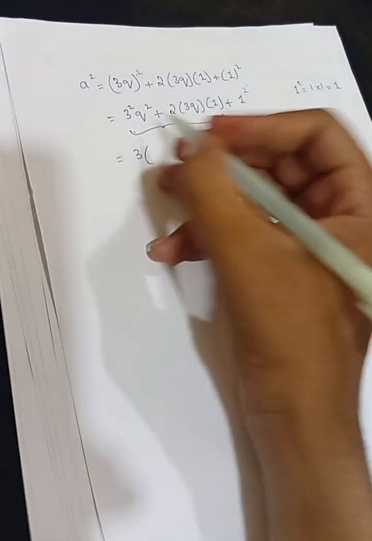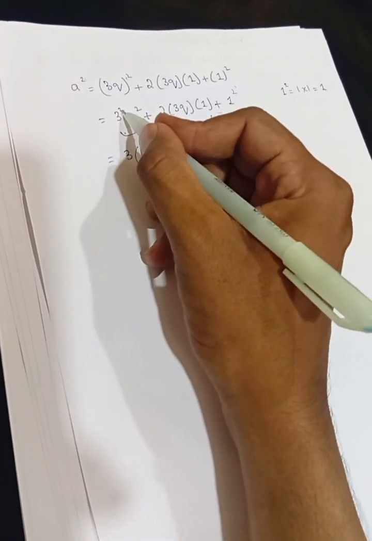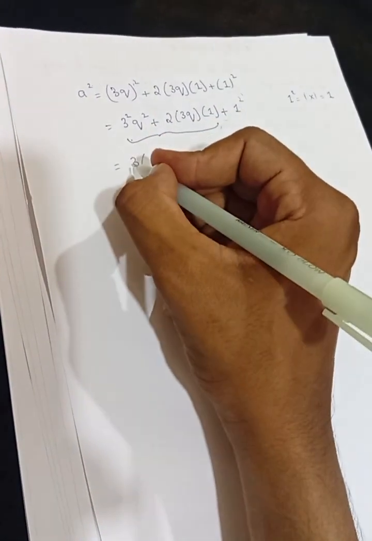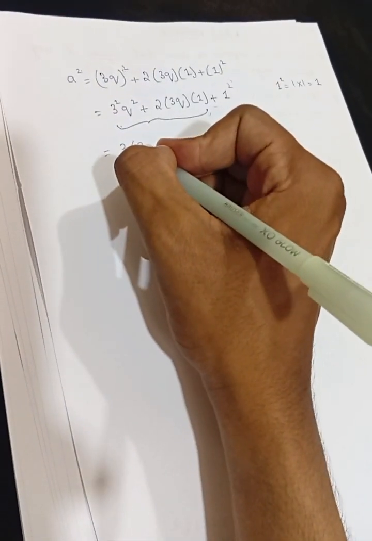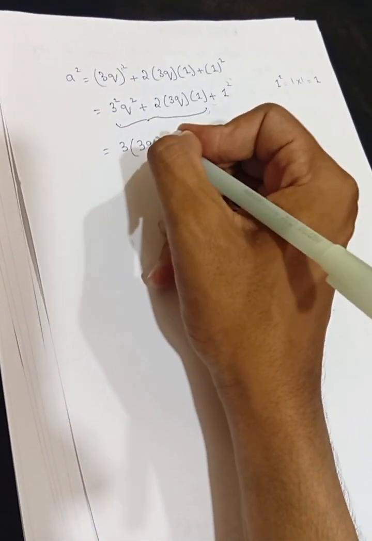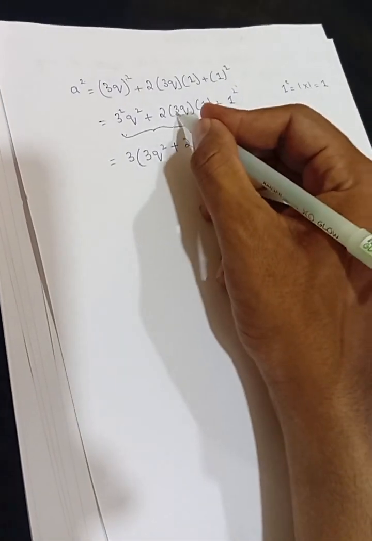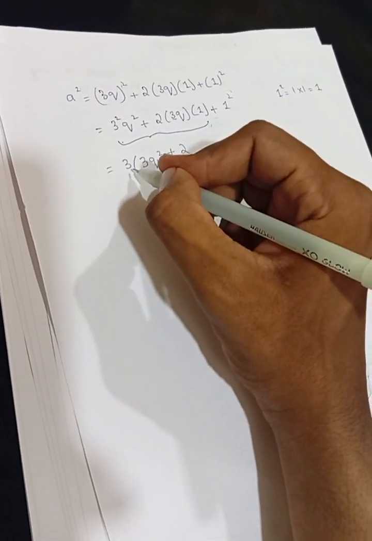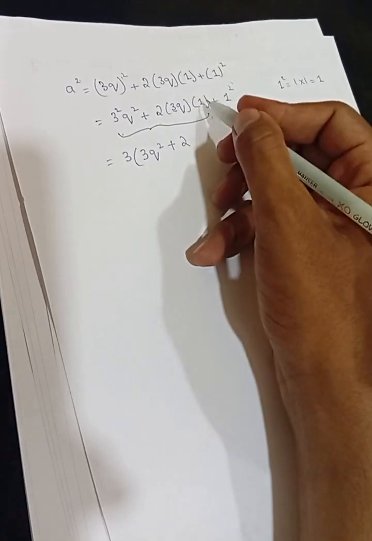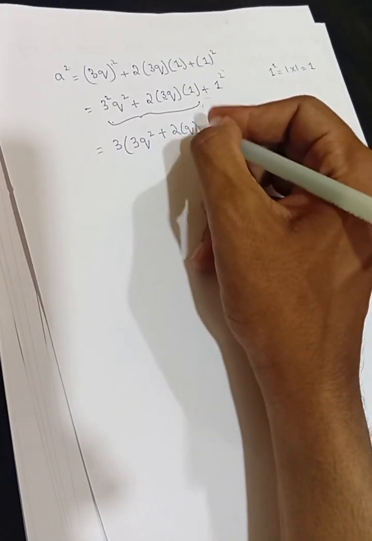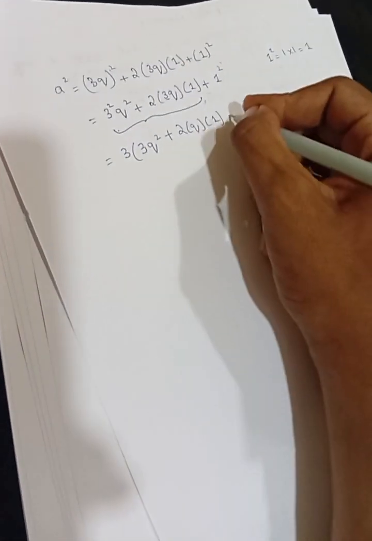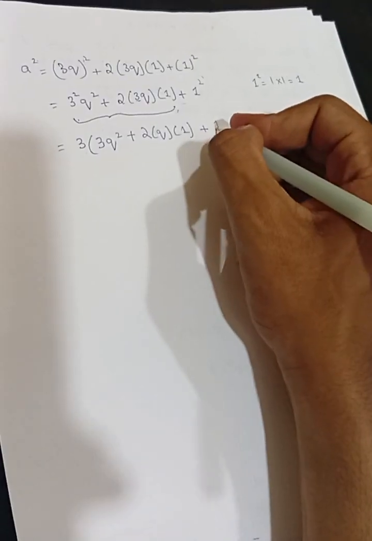When I am taking 3 common, here you are having 3 power 2, meaning 2 3's. You are taking 1 common, so you are left with only 1 3. Then q square as it is, then this plus as it is, then this 2 as it is. I am taking this 3 common, so I am left with q multiplied with 1. So I will write q multiplied with 1. Then this plus 1 square is 1.